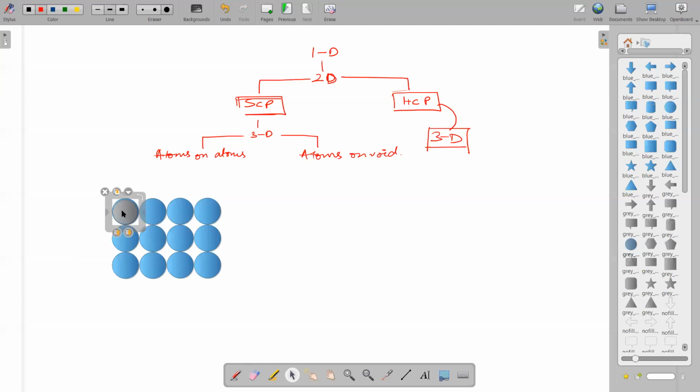Correct? So I can make this one, then I make this one again, and I make a whole layer from this structure, and then just place it on top of the blue one. Okay, not a problem.